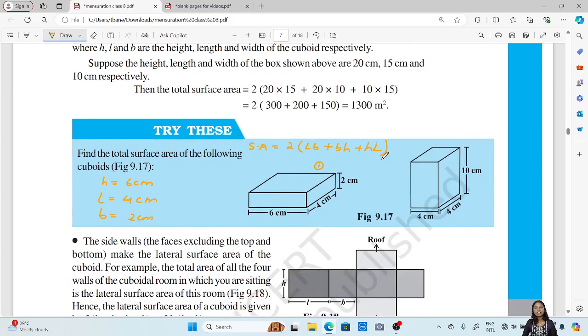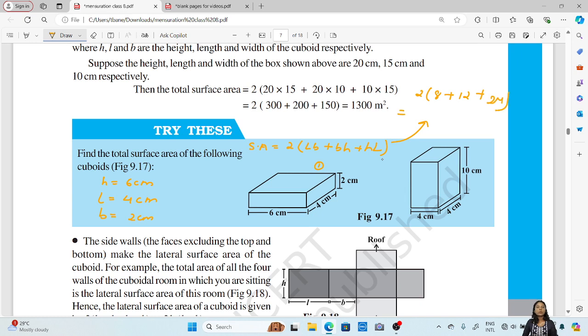So now let's find the surface area. Here it will be 2 into length into breadth, which is 8, plus breadth into height, which comes to 12, plus height into length, which comes to 24.